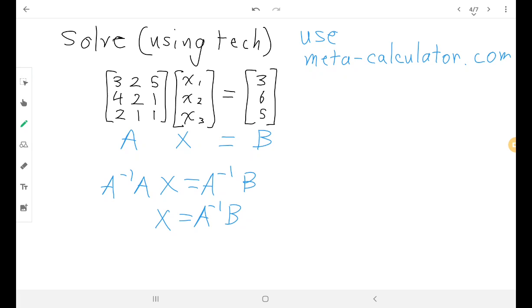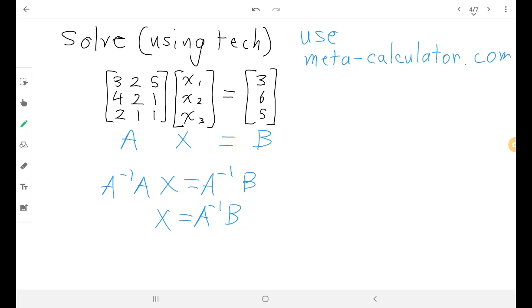So I go to meta-calculator.com and I choose the matrix calculator. I hit Start Calculator, and matrix A is a 3 by 3, which is the default in MetaCalculator.